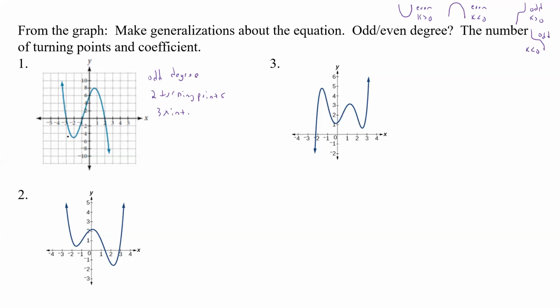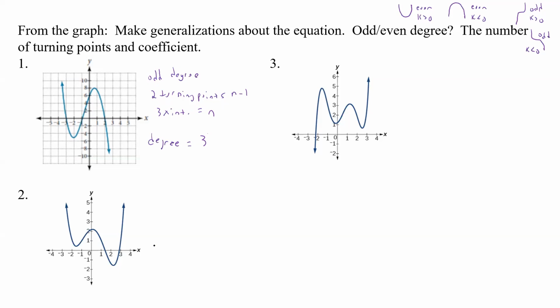So the best thing we can guess for the best generalization is that the degree of the polynomial is going to be a minimum of 3, because we know we have 3 intercepts and 2 turning points. And this is usually n minus 1 at the minimum. And so I'm going to say that this is a degree 3 polynomial.